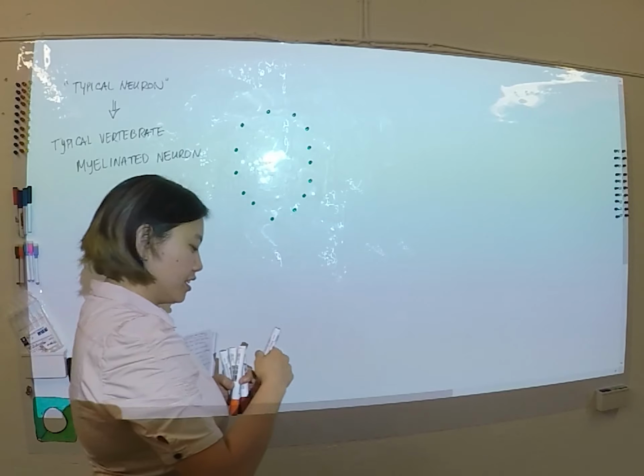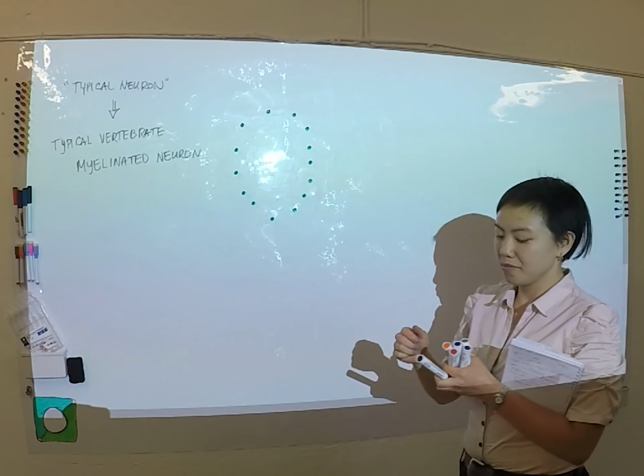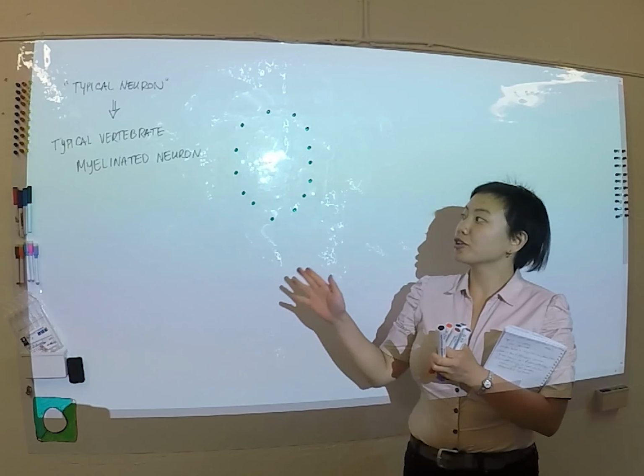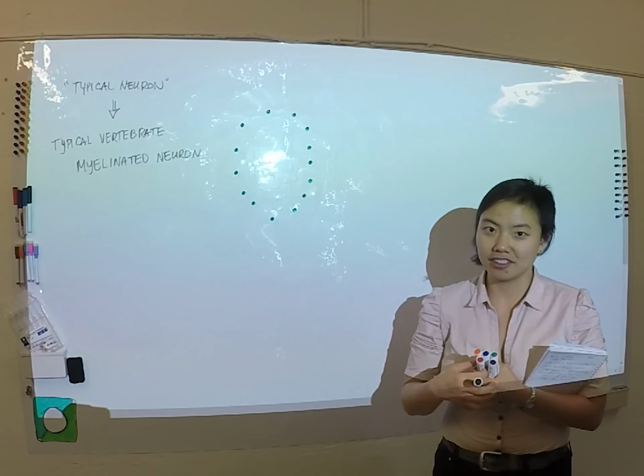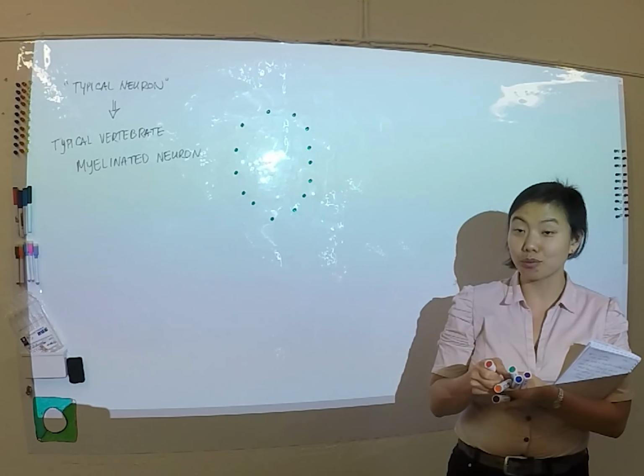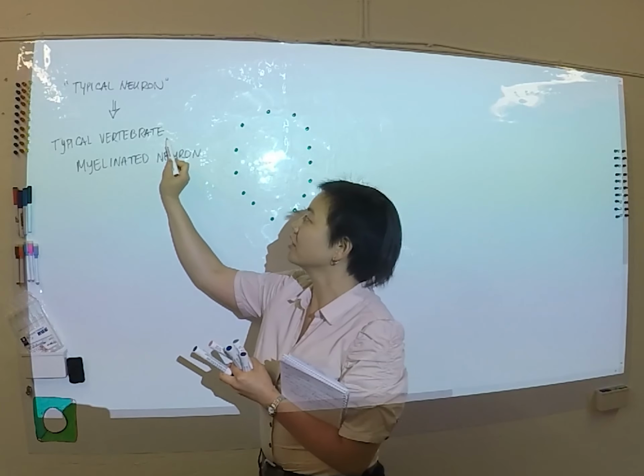Okay, so typical vertebrate myelinated neuron. All right, there's a lot of new words in there, so we're going to define all of them one by one.